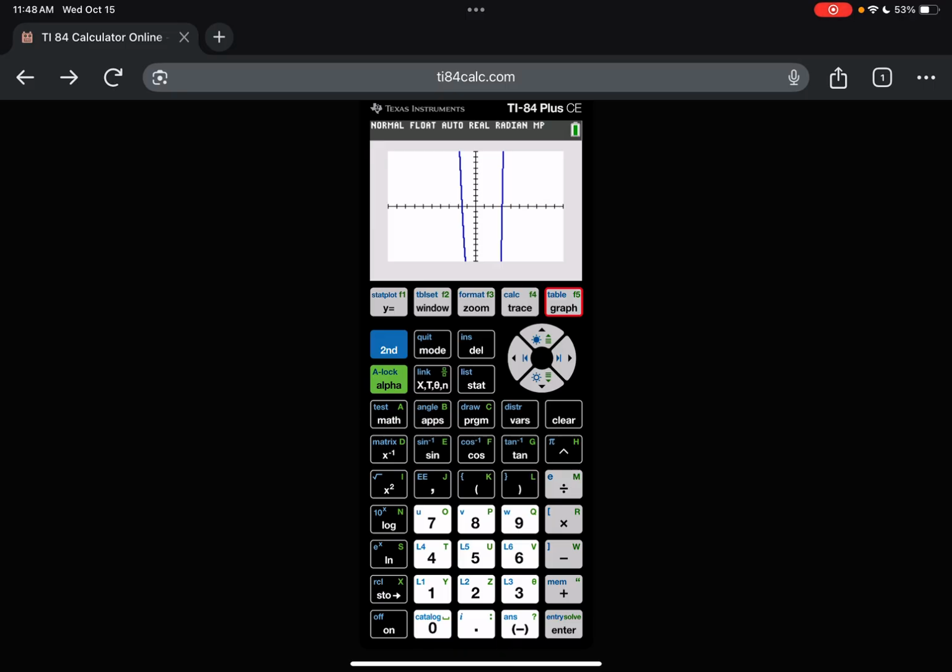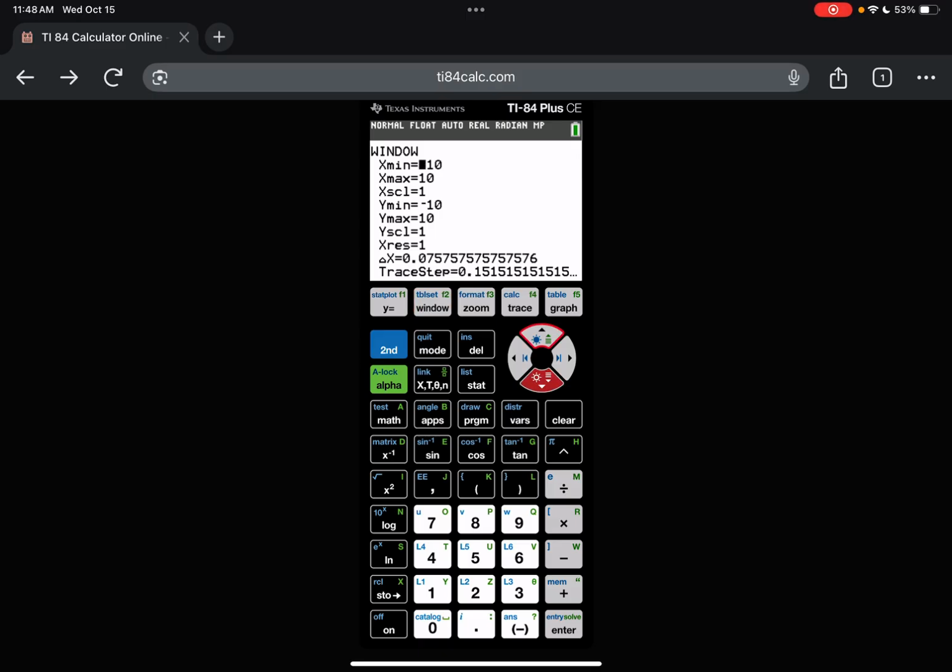You're not going to need to do it for today, I don't think. But if you ever want to change the window, change how much of your function you're seeing, you can go here. The xmin and xmax show you how far left and how far right you can see. We'll leave that the same. But the y max and y min let you figure out how far up and down you can see.